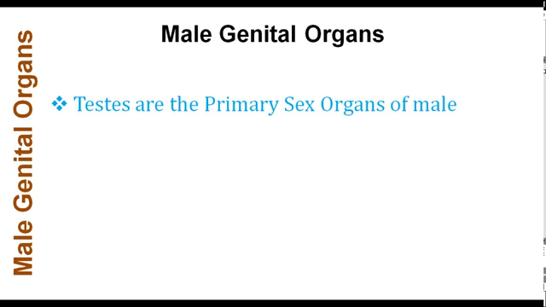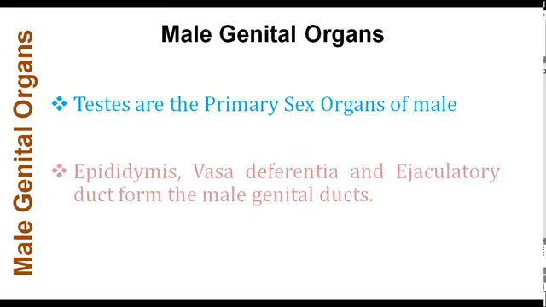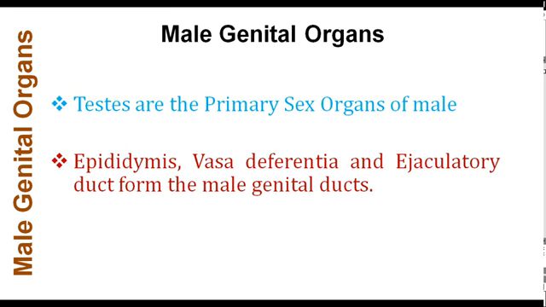In the male reproductive system, testes are the primary sex organs, and in addition they have epididymis, vasa deferentia, and ejaculatory duct forming the male genital duct.